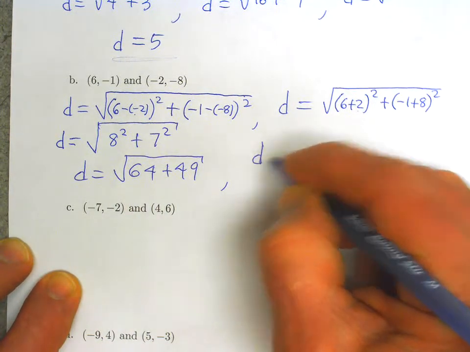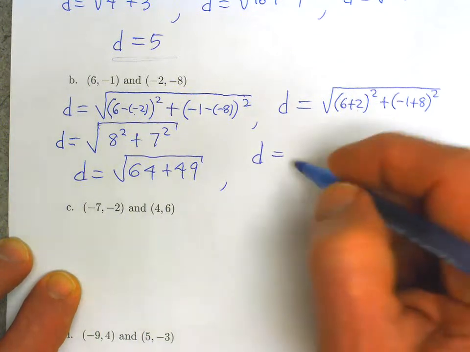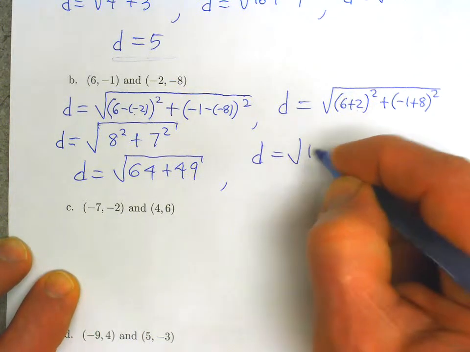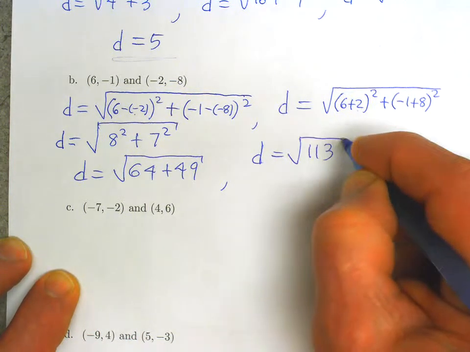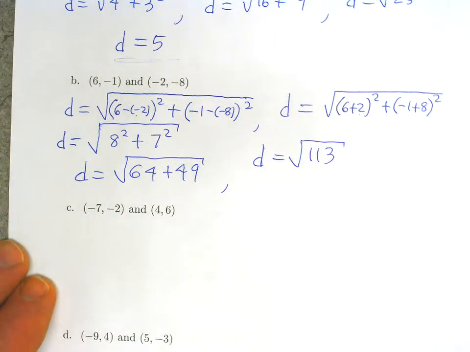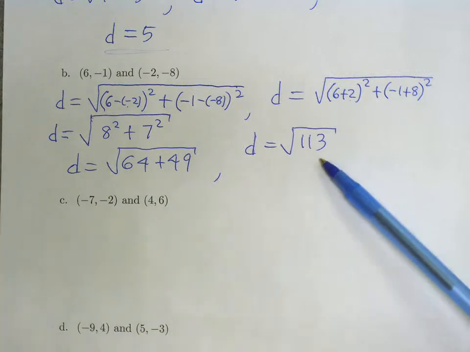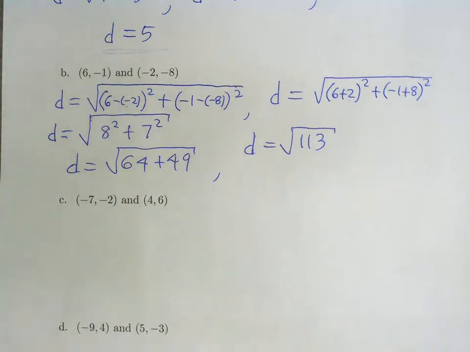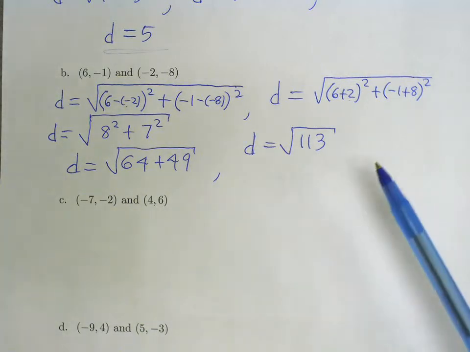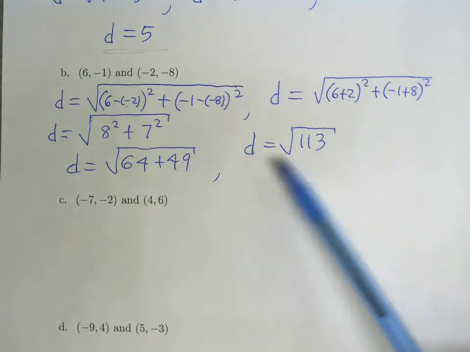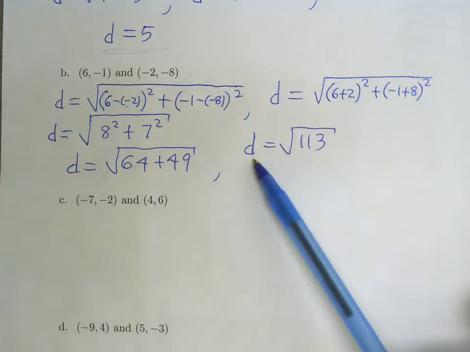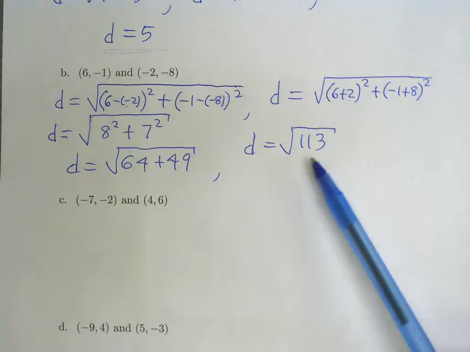And so we get the distance equals the positive square root of 113. Hey, the square root of 113 cannot be simplified further. Be prepared to use a calculator to get a decimal approximation for a square root.